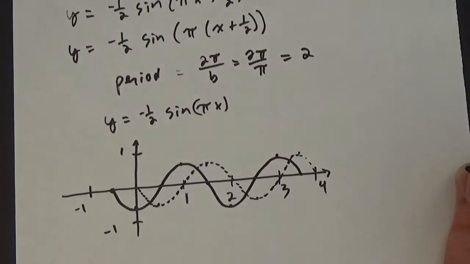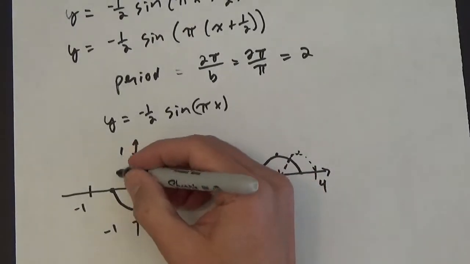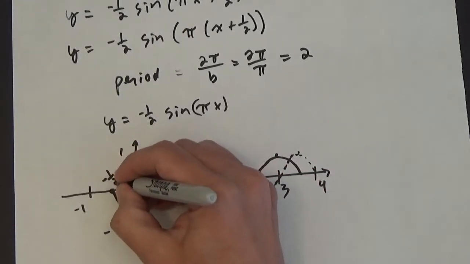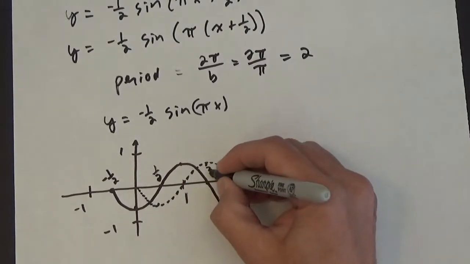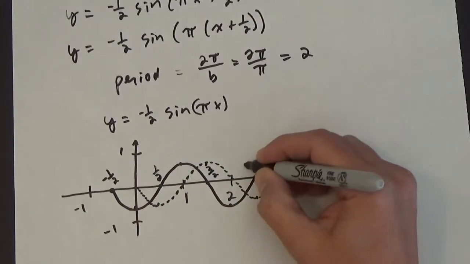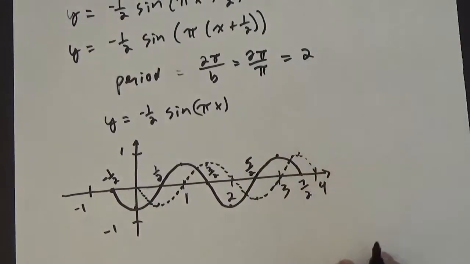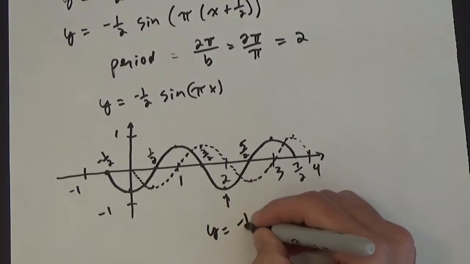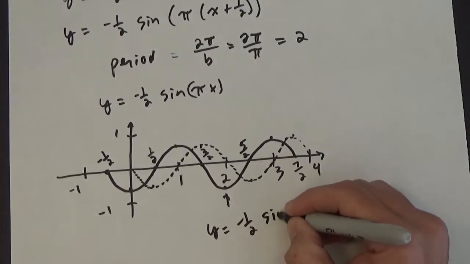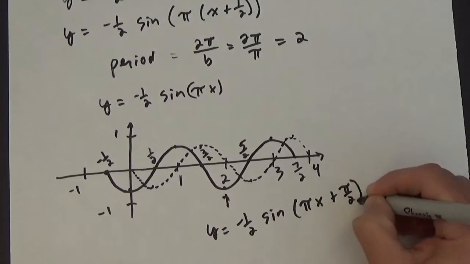There we go. And then we do have to label where it crosses that axis of oscillation. So this is negative 1/2. This is 1/2. This would be 3/2. This would be 5/2. And this would be 7/2. And so there's a good sketch of y equals negative 1/2 times the sine of pi x plus pi over 2.